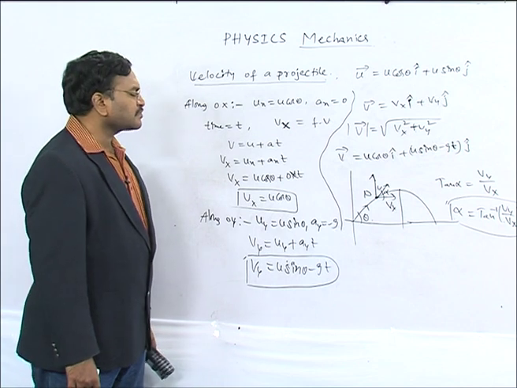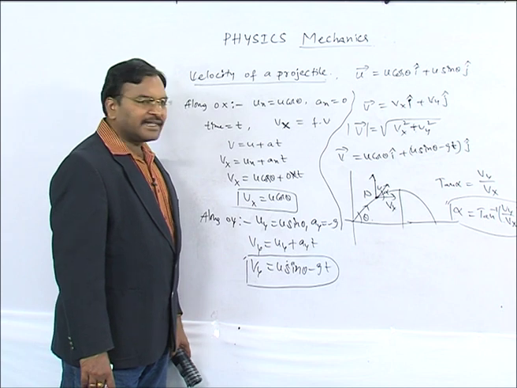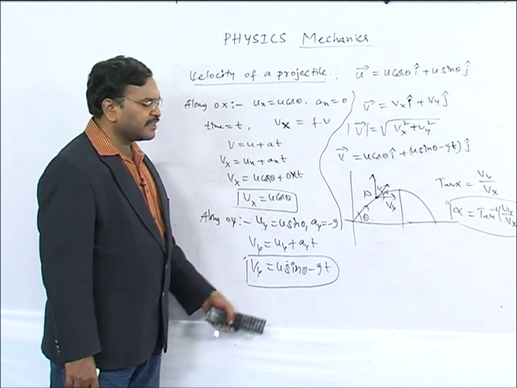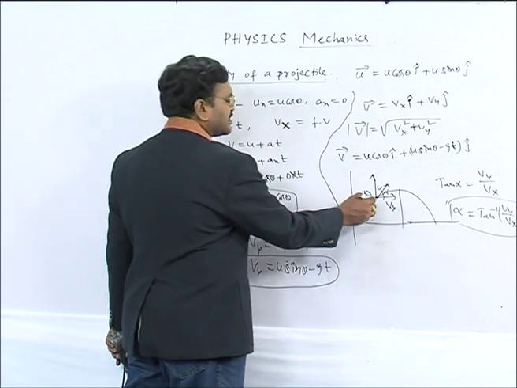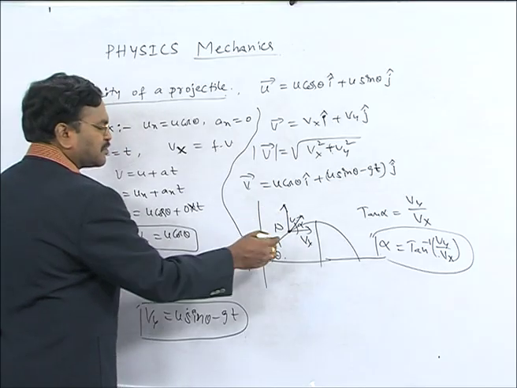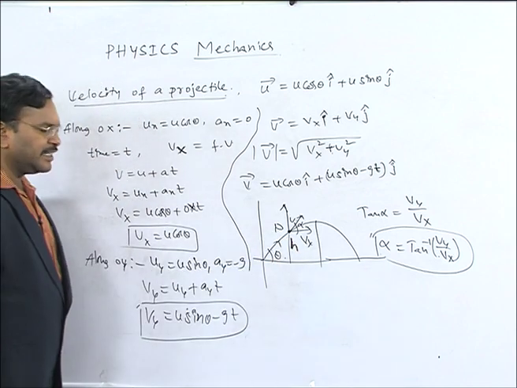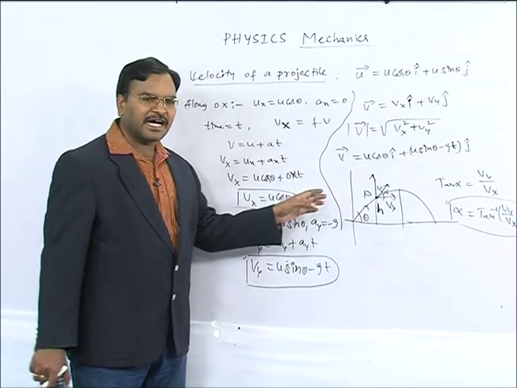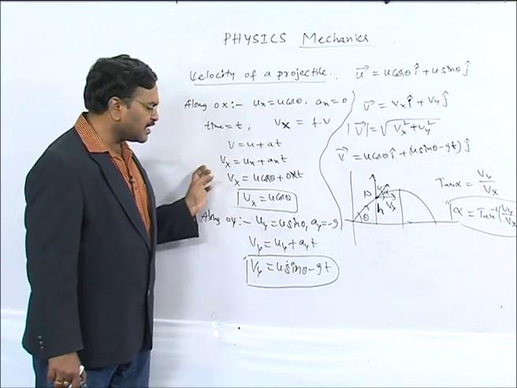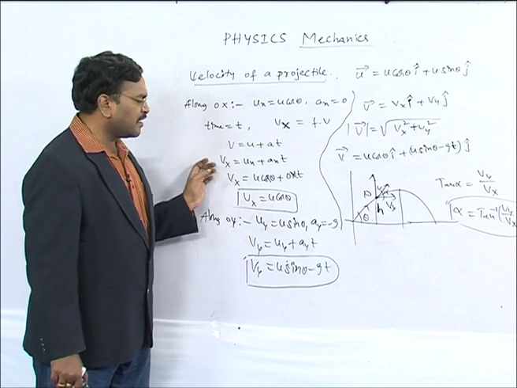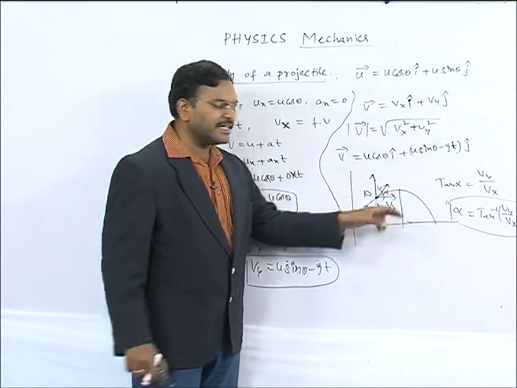Now in time t seconds, we calculate the velocity vector like this, and also the distance travelled. Suppose it travels a height h. Whatever the height may be, the horizontal direction velocity is always constant, u cos theta, at each and every point.